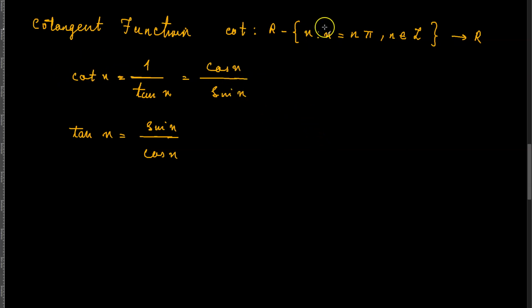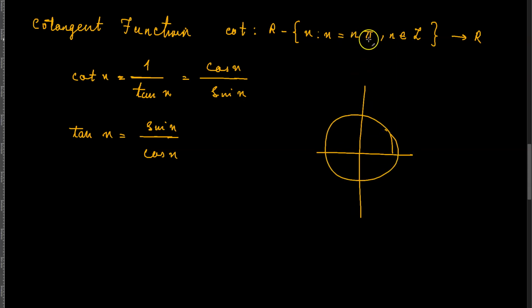Now sine of x is equal to 0 at all the multiples of pi, because as you know, if you have a unit circle here, then 0 times pi is equal to 0, which would be, for example, 0 degrees or 0 radians. Let's take it as 0 radians.